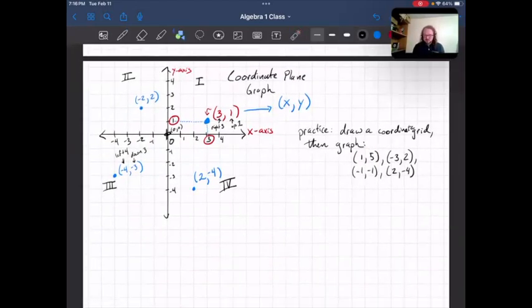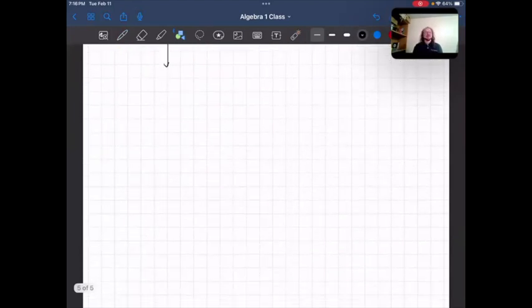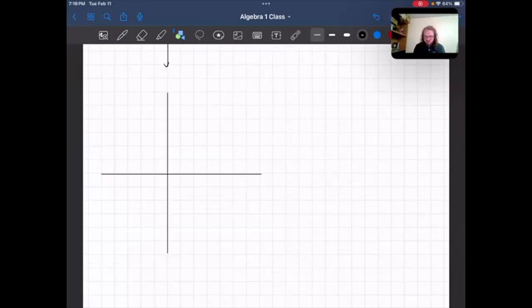Now, the interesting parts about graphs come when we start drawing lines on them. So when I draw another graph, I get to cheat because mine draws straight lines every time. Five, 1, 2, 3, 4, 5. 1, 2, 3, 4, 5.